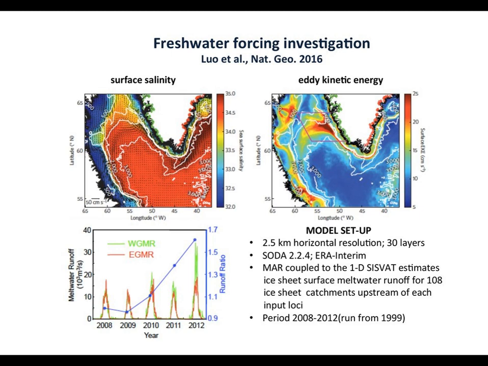Looking specifically at where the meltwater goes and what are the implications of this input of fresh water for the convective area that, as we saw before, is about here. Okay, so we have to get that meltwater into the convective area to see if that may change the stratification in that area.